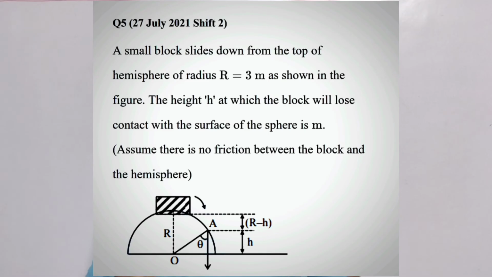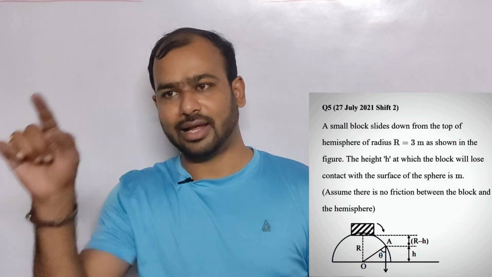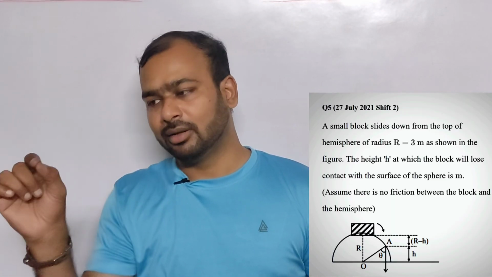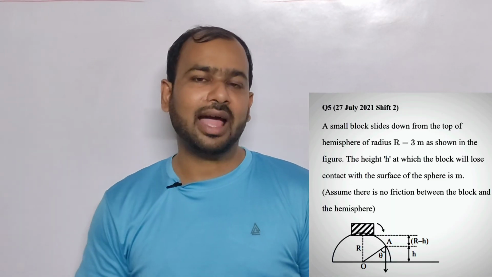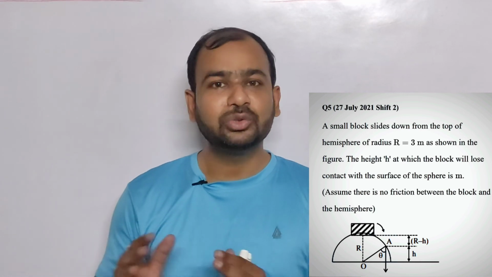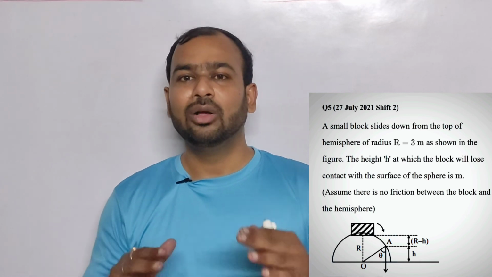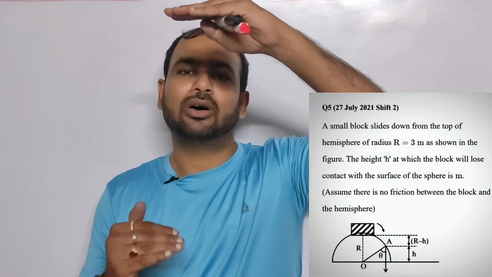The next question tells us a block has been kept on a hemispherical surface. It starts to slide. After sliding for some time, it will lose contact with the surface. When it loses contact with the surface, we have to find the height from the horizontal.